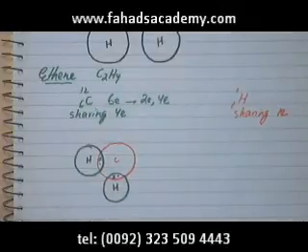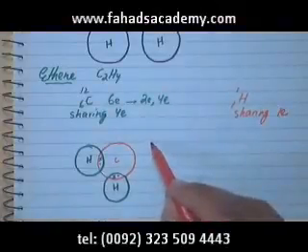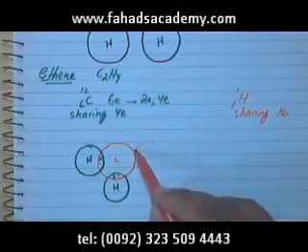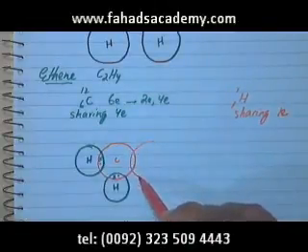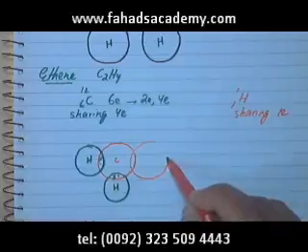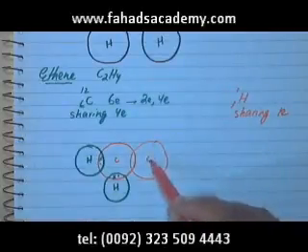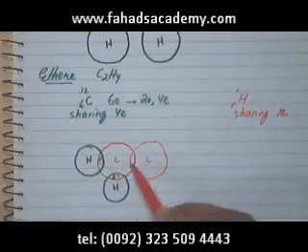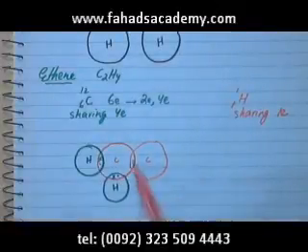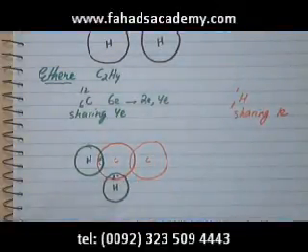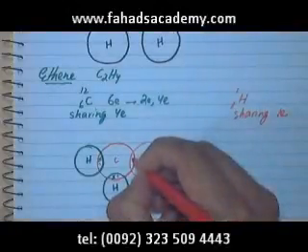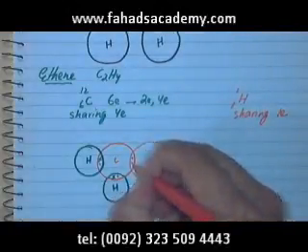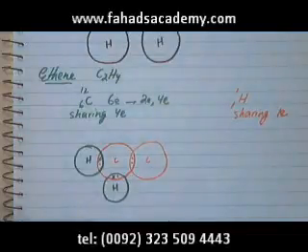So I'm going to draw another carbon with it. And let's say this carbon over here is going to share another electron. So it's going to try and share an electron with this carbon, which in return shares an electron with this other carbon. But there's going to be a problem.